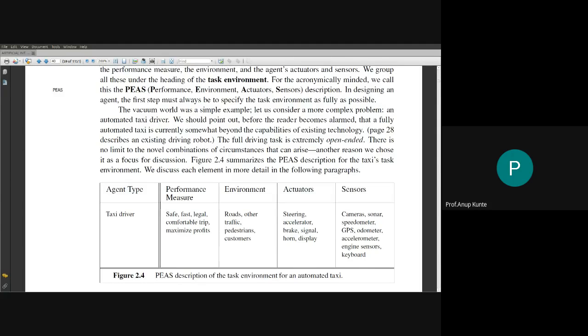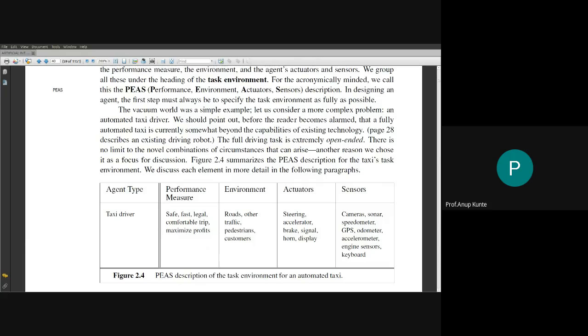To analyze the environment properly, we attribute 7 dimensions to the environment in which the problem is represented. These 7 types of properties are as follows: fully and partially observable task environment, single or multi-agent task environment.